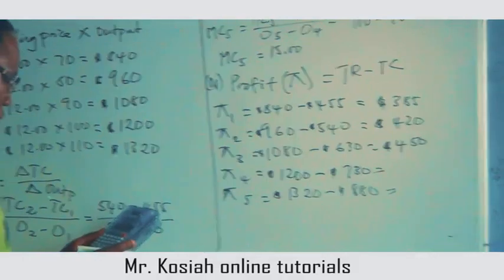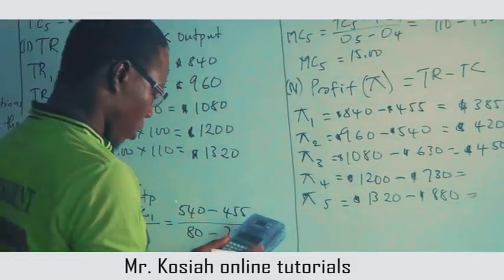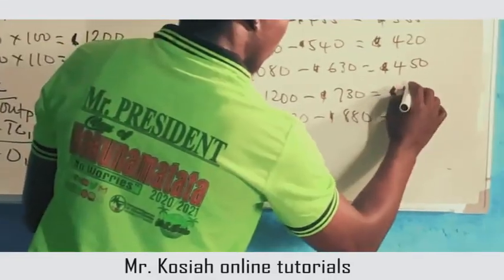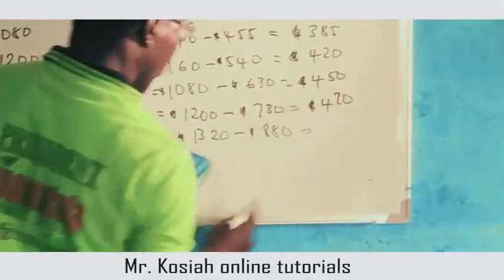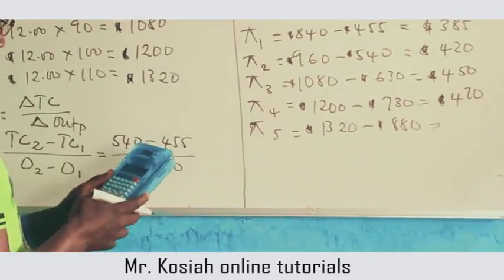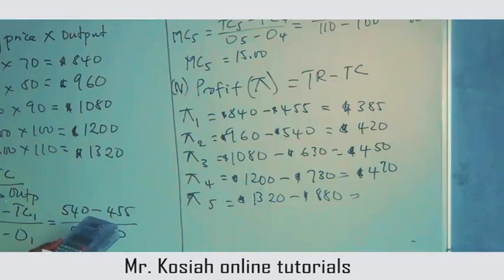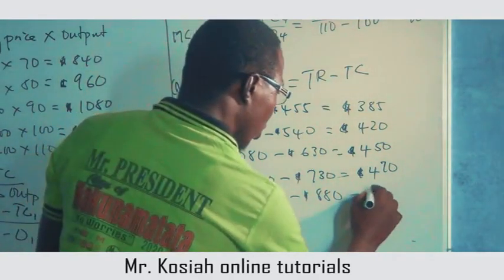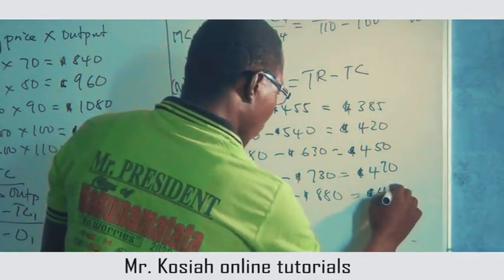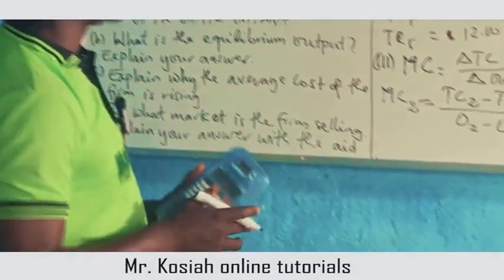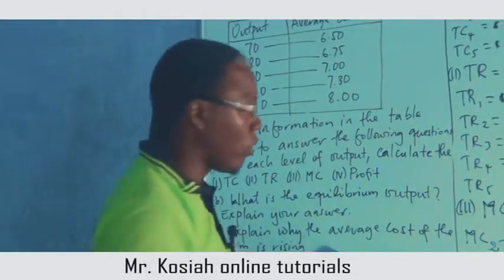Here 1200 minus 730, we are maximizing 470. And 1320 minus 880, we are maximizing what? 440. So these are the various profits that we have for this plywood factory.